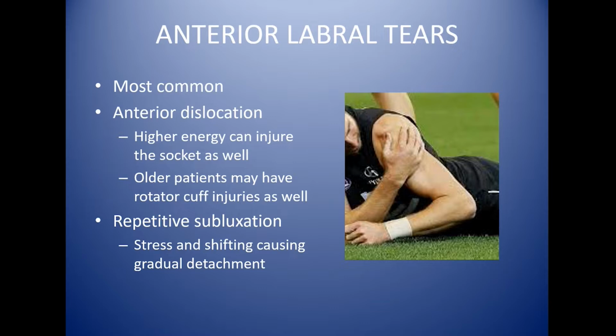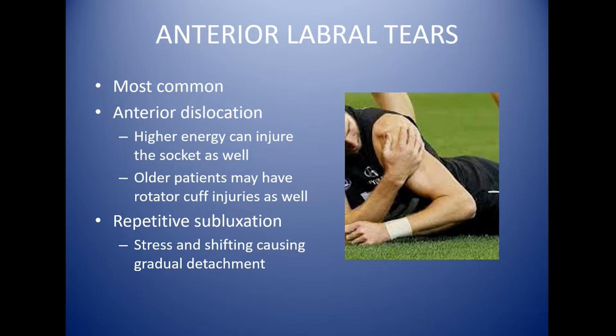Now, the most common sort of injury associated with instability in the shoulder is injury to what we call the anterior labrum. So that just means the front part of the shoulder, okay? Now, there's two ways that people generally damage that part of the labrum. The first, and especially the thing we see, again, most commonly in athletic injuries, contact sports, is the classic dislocation.